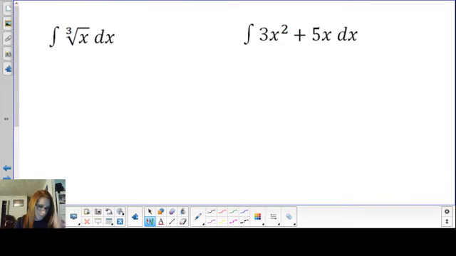Alright, another tricky one. So again, we don't know how to take the integral of a cube root, but I do know that I can rewrite a cube root as a 1/3. So the integration of x to the 1/3 dx.